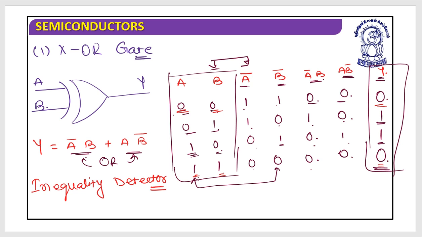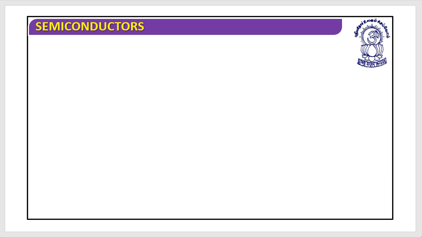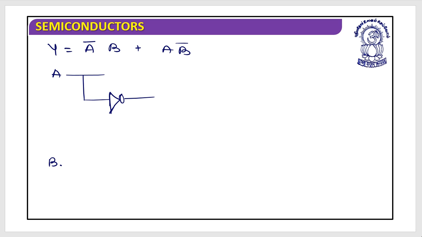Would you like to see the circuit diagram for this? Let's have a look. This is A, this is B, and let's see what my Boolean algebra is. It's Y is equal to A bar B plus AB bar. So let's design one NOT gate over here, and this will work as the A bar, and let's design a B bar over here.